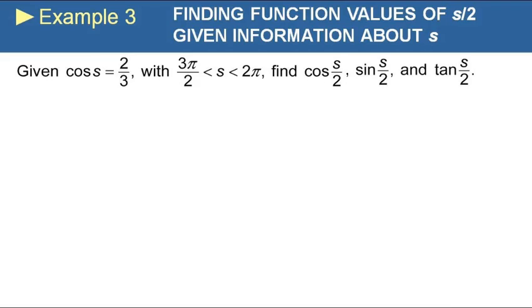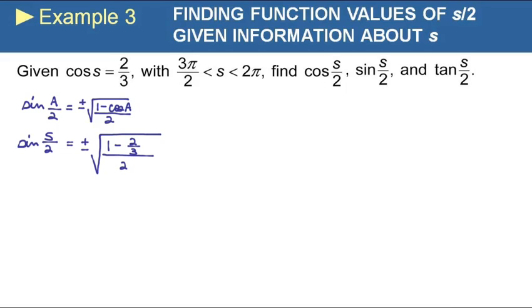Now let's go ahead with the sine of s over 2. So we'll take a look at the sine of s over 2 formula. If we substitute s over 2 in place of a over 2, then we'll substitute s in place of a, and the cosine of s is 2/3 again. And again, we have to not rationalize, but simplify this complex fraction.